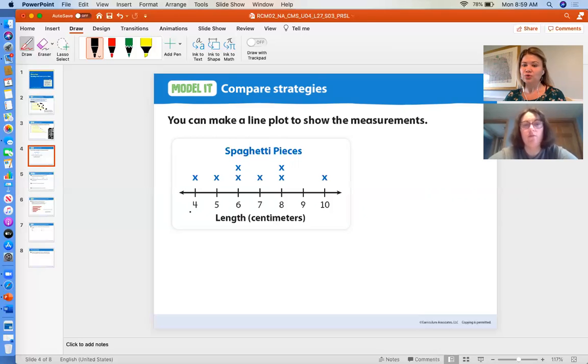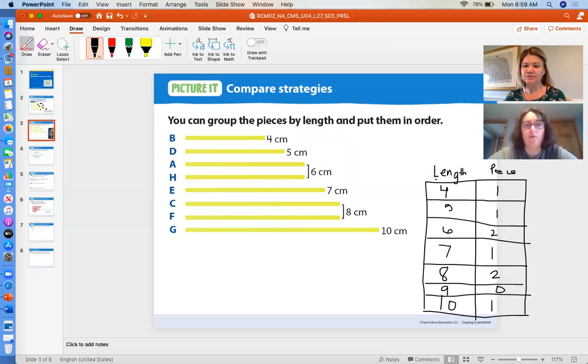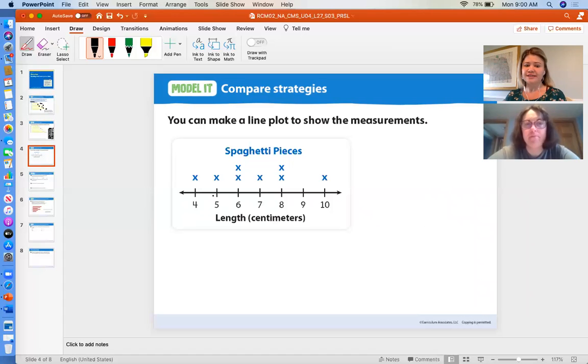And then we knew that our smallest piece was 4 and our biggest piece was 10. So no matter how you look at this, 4 and 10, whether you're doing the picture or the table, the smallest number is still the same and the biggest number is still the same, right? Yep. So they started on the number line on 4 and they ended at 10.